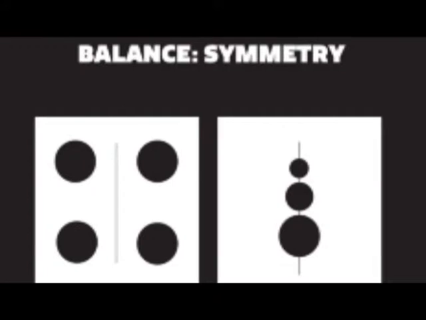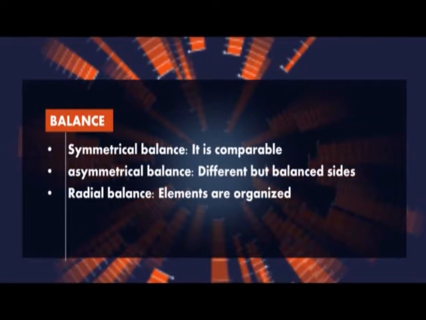Firstly, balance. Balance is the distribution of the visual weight of objects, colors, textures, and space. It is a psychological sense of equipoise. It positions and fixes the parts of a visual in an aesthetic, attractive arrangement. Balance has three main types: symmetrical balance, asymmetrical balance, and radial balance.